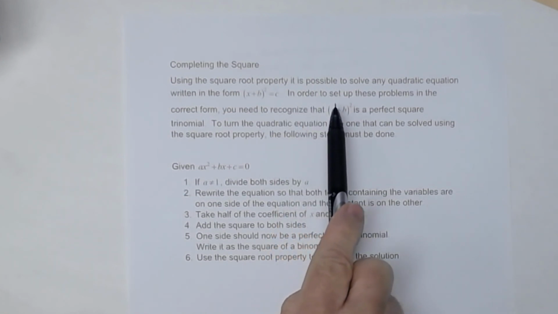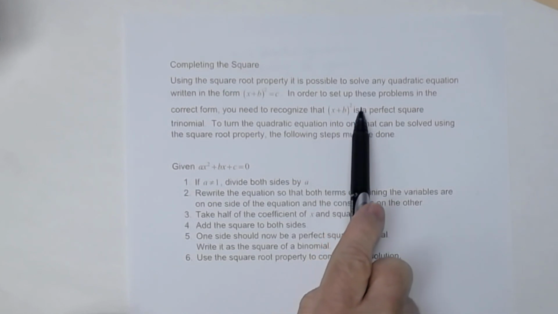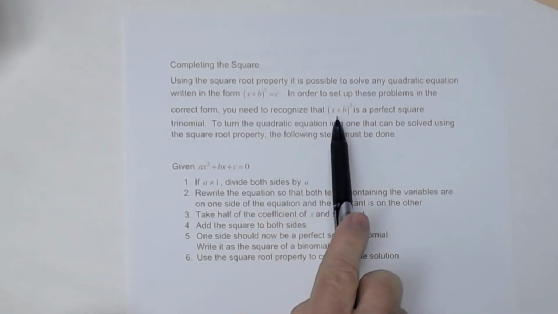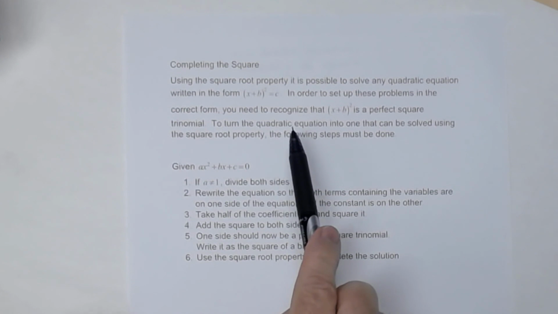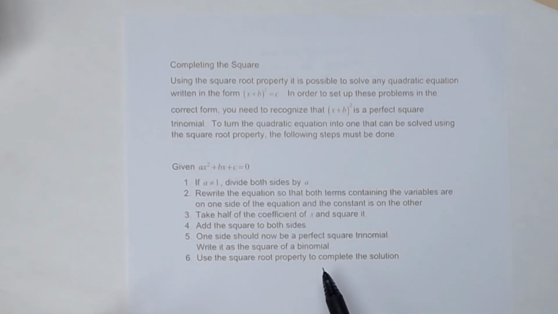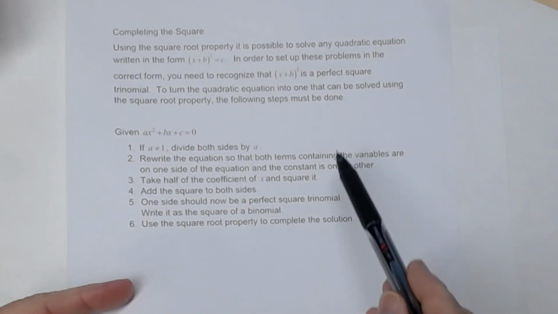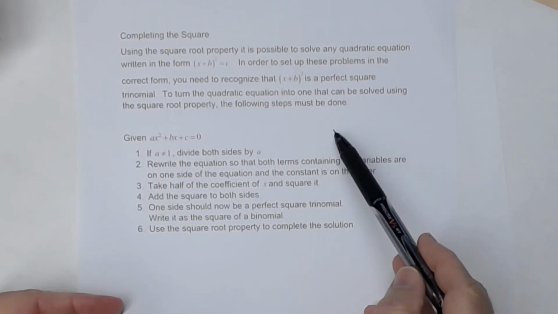And in order to set up these problems in the correct form, you will need to recognize that x + b, that expression on the left-hand side, is a perfect square. It was a perfect square trinomial. And to turn this quadratic equation into one that can be solved using the square root property, we're going to use the following steps.